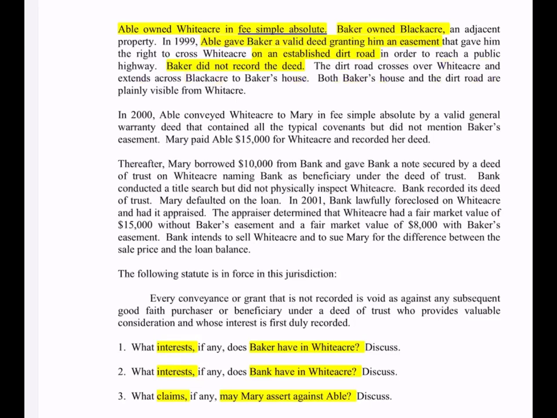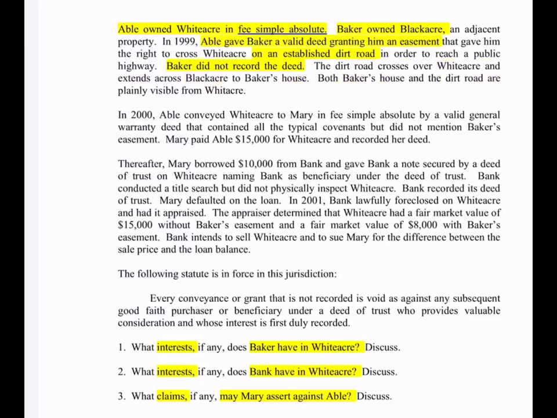The dirt road crosses over Whiteacre and extends across Blackacre to Baker's house. Both Baker's house and the dirt road are plainly visible from Whiteacre. All those facts go to inquiry notice. There may not be record notice here, and there may not be actual notice when this is sold.